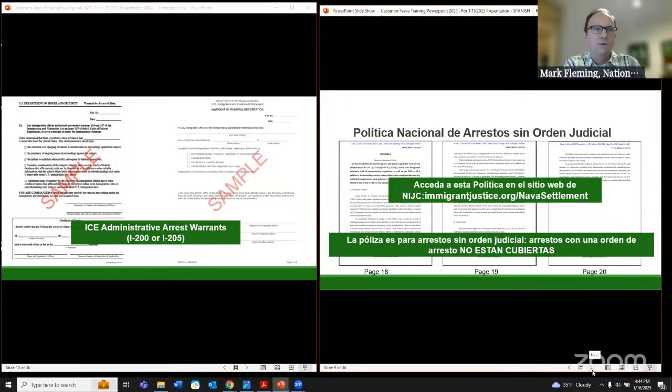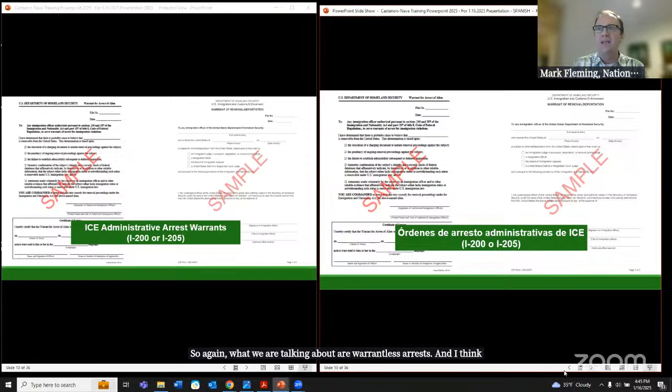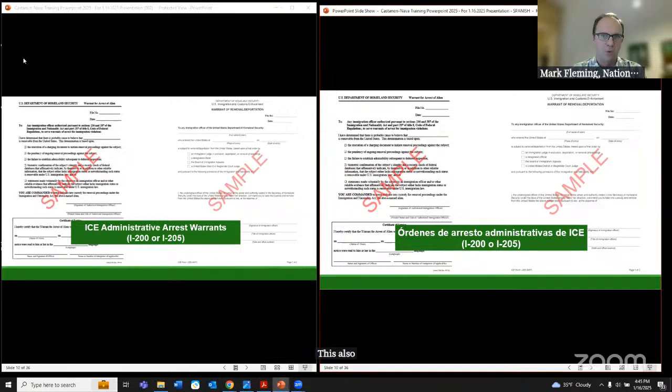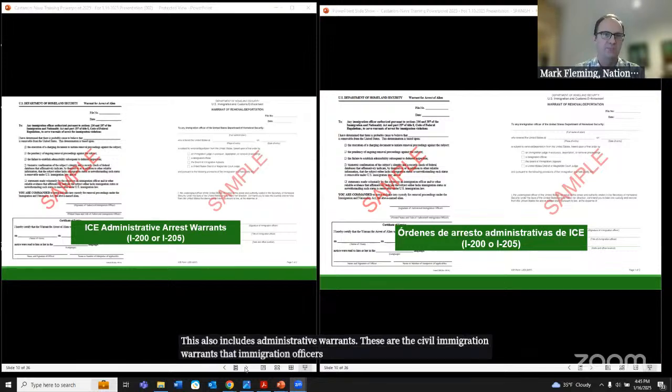So again, what we are talking about are warrantless arrests. And I think the key thing to flag here is when we say warrantless arrests, this also includes administrative warrants. These are the civil immigration warrants that immigration officers seek from their supervisors typically.